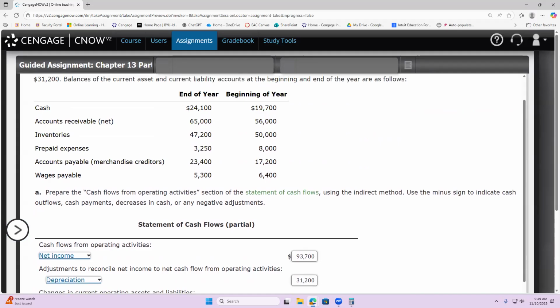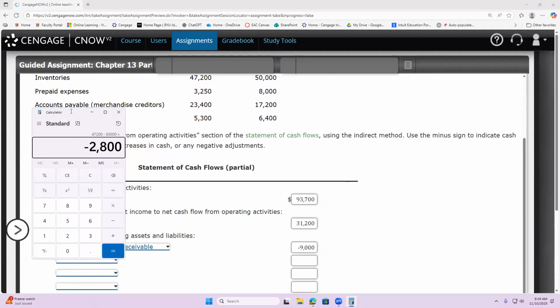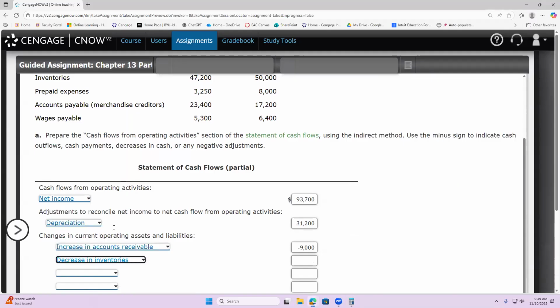Inventories, they went down by 2,800. So inventory is an asset. I'll put this over here. Inventory is an asset. So if we had a decrease in inventories of 2,800, we're going to adjust up because we do opposite with assets.